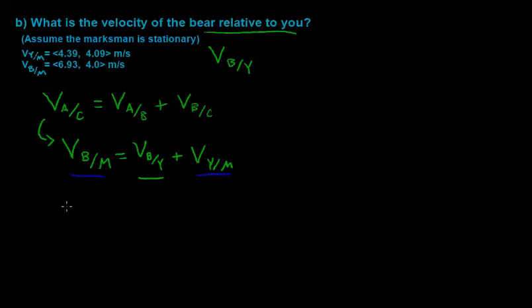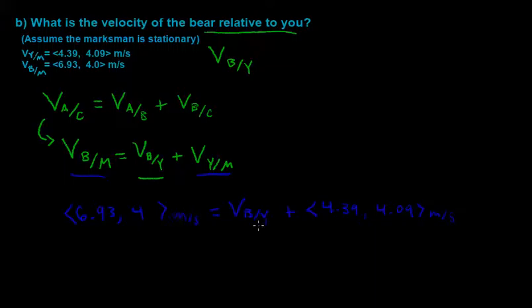And so we just have to plug these in, and we can say that the velocity of the bear relative to the marksman is 6.93 in the x direction and 4 in the y direction, meters per second, which will equal the velocity of the bear relative to you plus our other vector, 4.39 in the x direction and 4.09 in the y direction, meters per second.